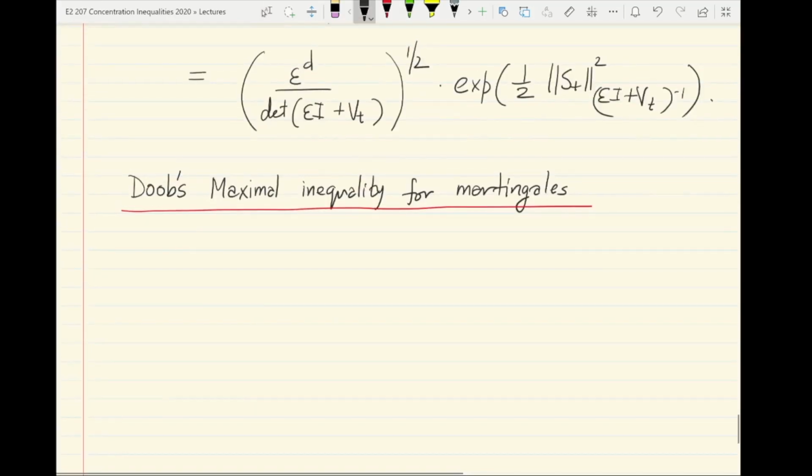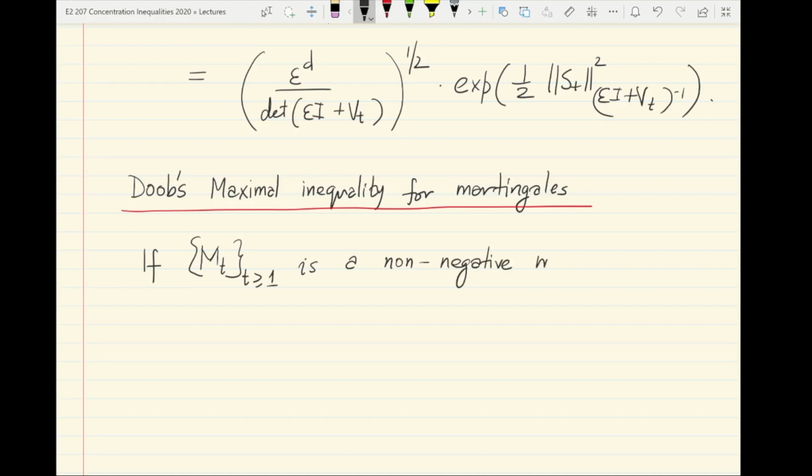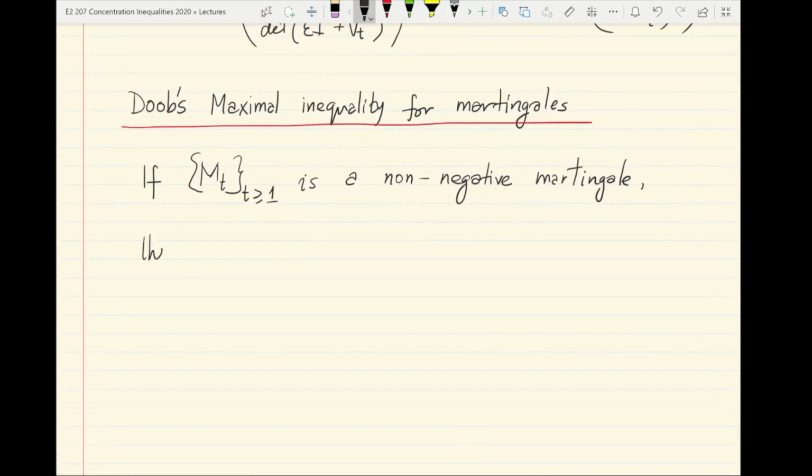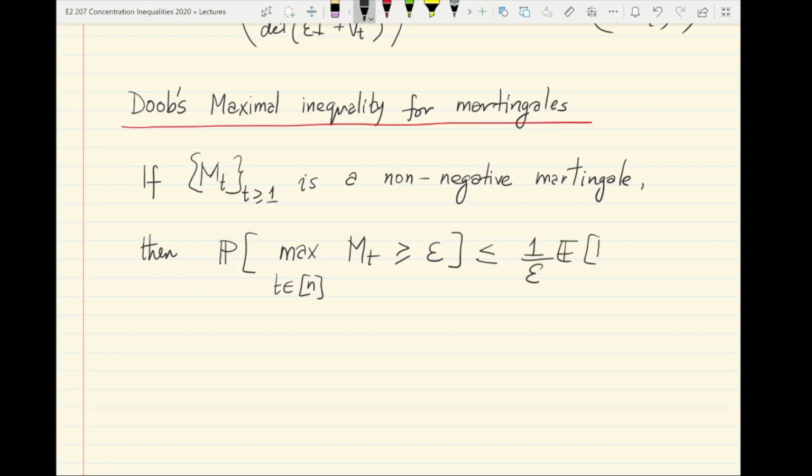It says basically that if you have a non-negative martingale, so MT as above actually satisfies this property, if MT over all time is a non-negative martingale, then the probability that its maximum over t belonging to 1 through n, MT exceeding any level epsilon, is at most 1 over epsilon times the expected value of m1.